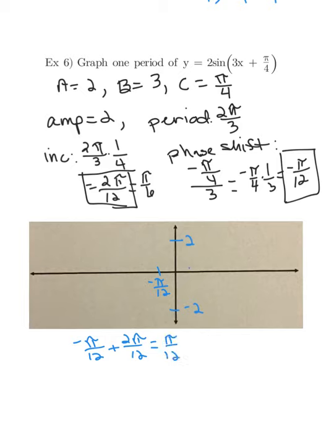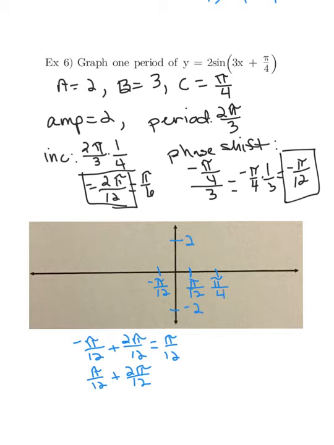So our second label will be positive pi over 12. Now do positive pi over 12 plus 2 pi over 12. That's going to give you 3 pi over 12, which is pi over 4. If you want to write 3 pi over 12, I'm fine with that.